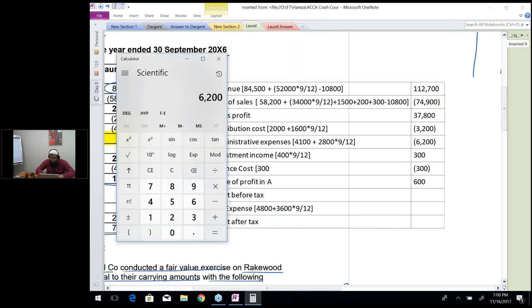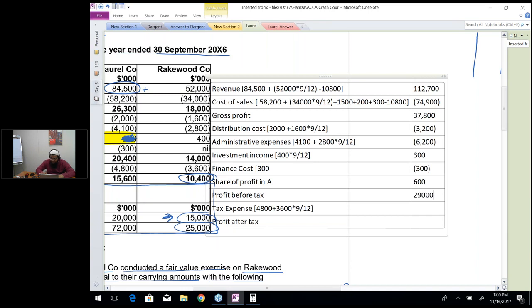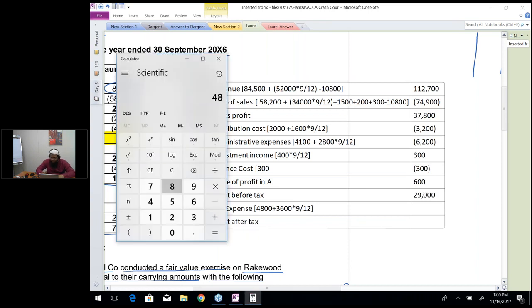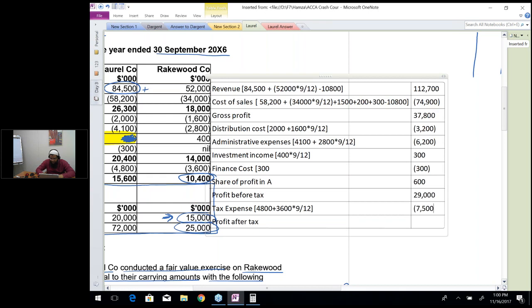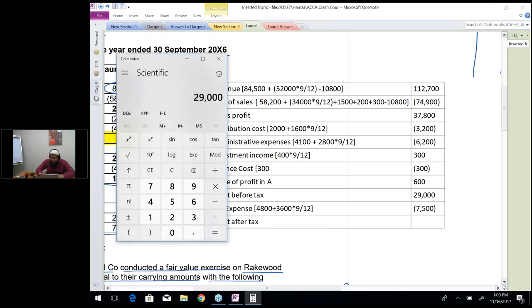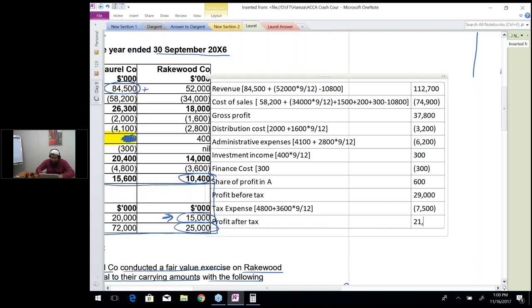So now the profit: 37,800 minus 3,200 minus 6,200 plus 300 minus 300 plus 600 is going to be 29,000. And then the tax expense is going to be 4,800 plus 3,600 into 9 by 12, which is 7,500. So 29,000 minus 7,500 is 21,500.